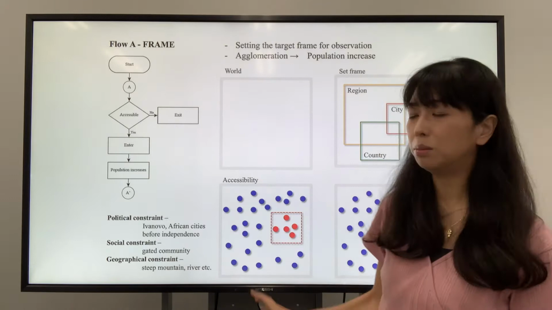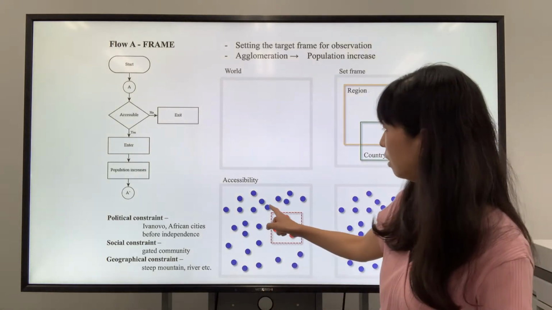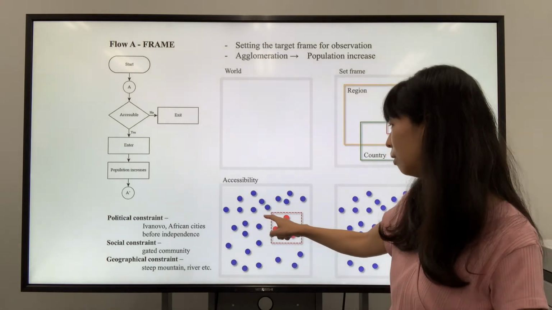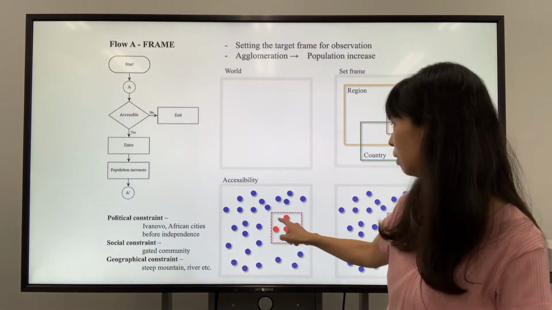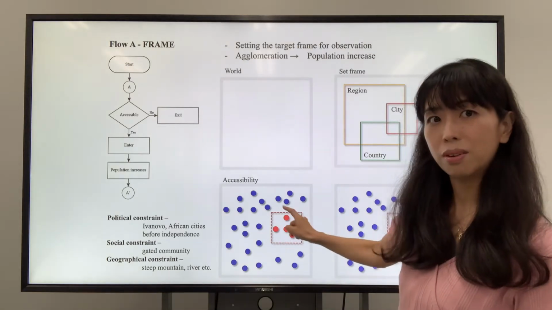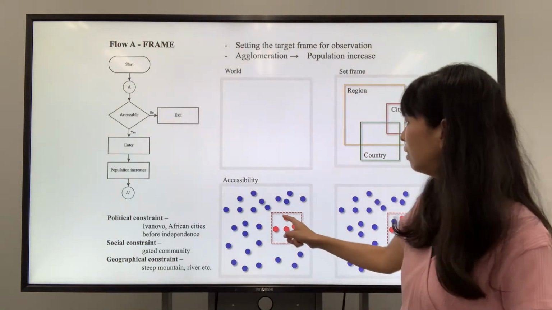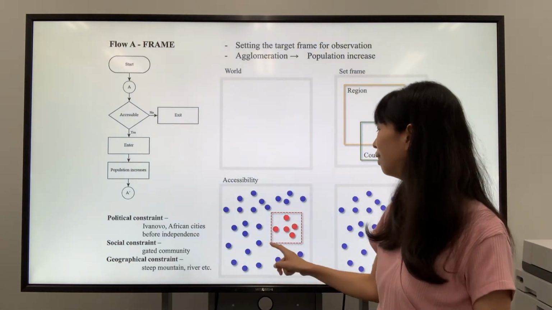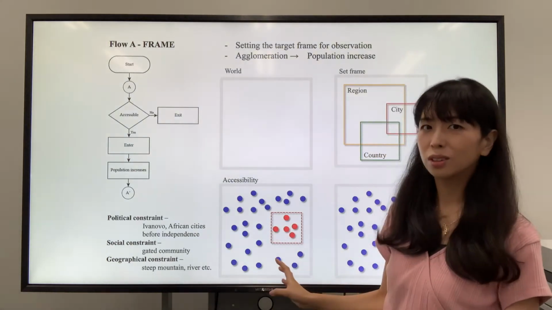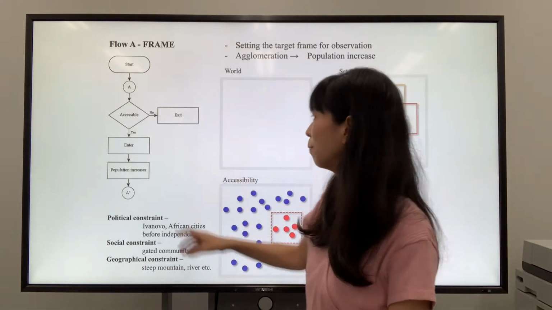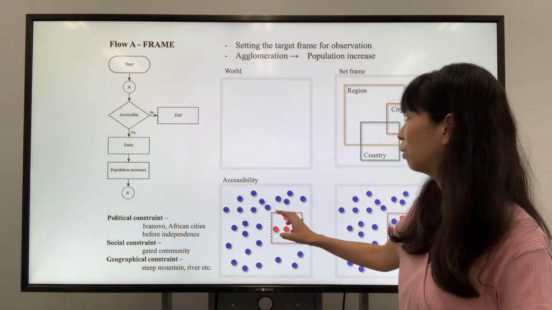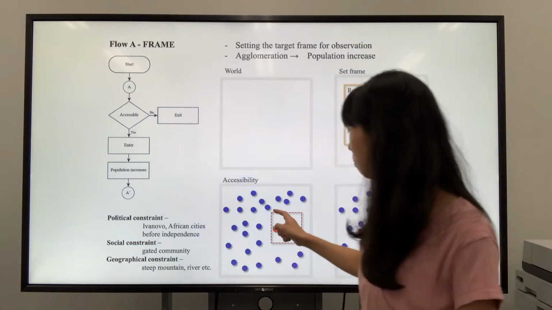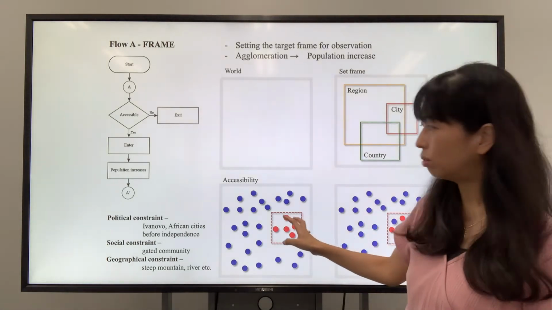There is an agent somewhere here, and that person wants to enter this frame. So there is a yes and no, meaning: is this a frame that one can access or not? This is the first question. And if it's not accessible, of course, it will go to the exit. So what are the consequences that make people not able to enter such a frame?